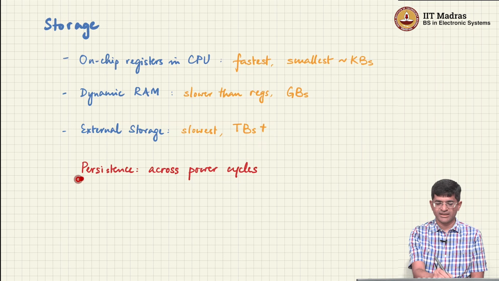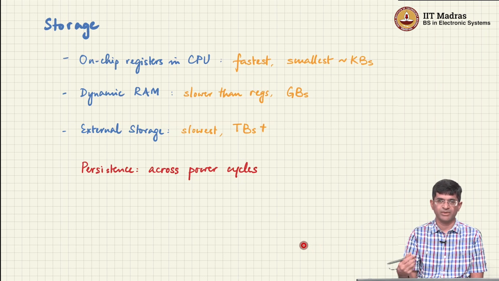And that word persistent of course is important. What it means is that the data present in this external storage survives across, let's say, rebooting the system or switching off power and switching it on again. In general, it is what is called non-volatile storage. So if you power cycle, if you switch off the system and switch it on again, that data which is written into the external storage is expected to remain as it is.